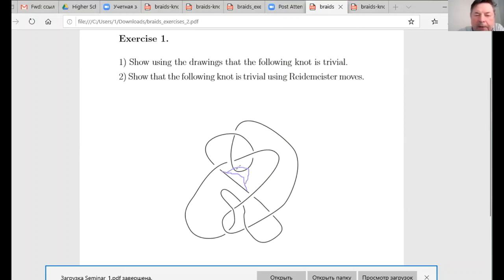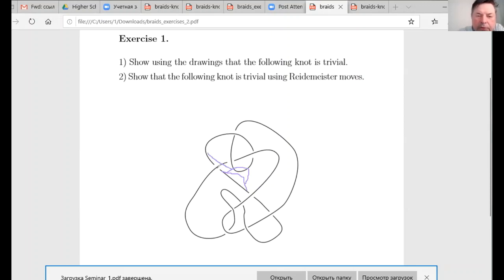We have a straight line and we have the first one, right? And then you have here the next one.